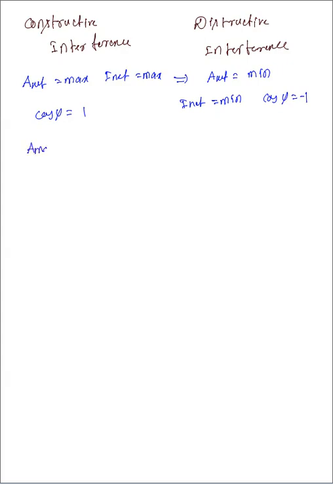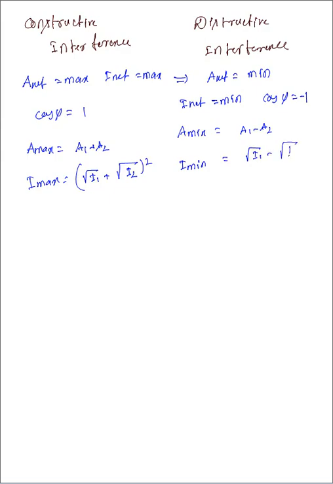After solving all these things, A maxima is nothing but A1 plus A2. I maxima equals (under root of I1 plus under root of I2) whole square, which we derived. Similarly, A minima is A1 minus A2, and I minima is (root of I1 minus root of I2) whole square.